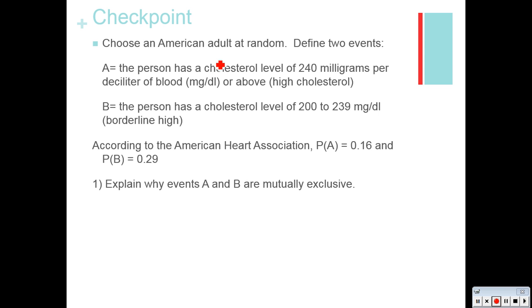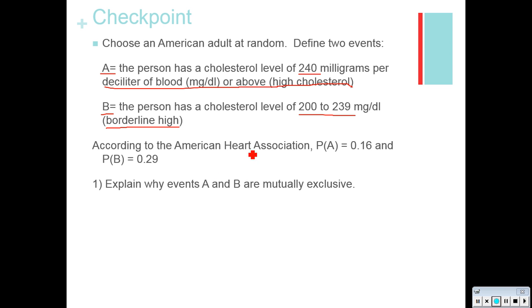So similar example here, and it says choose an American adult at random and define two events. Event A is that a person has a cholesterol level of 240 milligrams per deciliter of blood or above, and that's considered to be high cholesterol. And then there's event B, and that is the person has a cholesterol level between 200 and 239 milligrams per deciliter, and we consider that to be borderline high cholesterol.